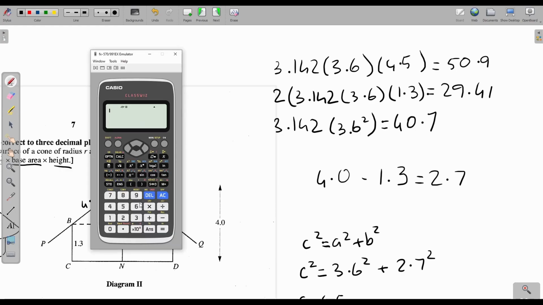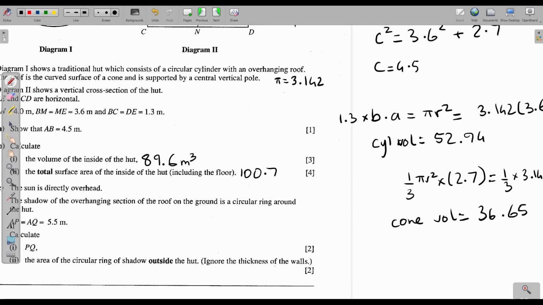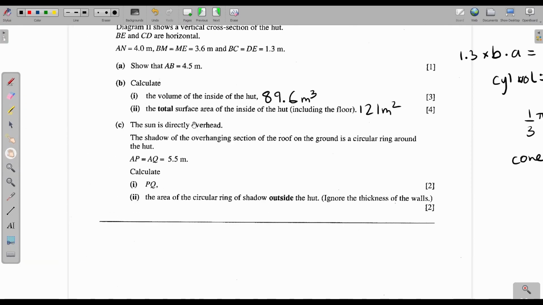Now we can add 50.9 plus 29.41 plus 40.7. That gives us 121.01, or we can just type that as 121. So that gives us 121 meters squared.